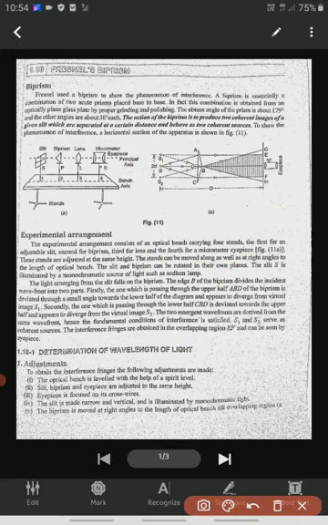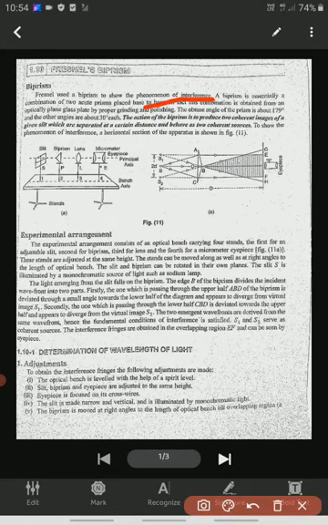Actually, this experiment was invented by Fresnel, so we call this topic Fresnel's biprism. Here we should know the use or purpose of the Fresnel biprism. It is used to show the phenomenon of interference, to prove the interference pattern.